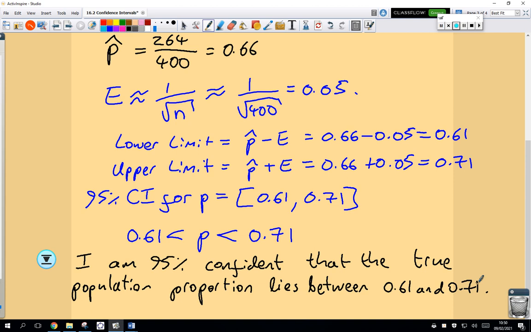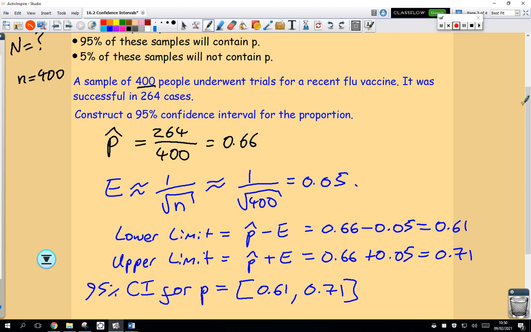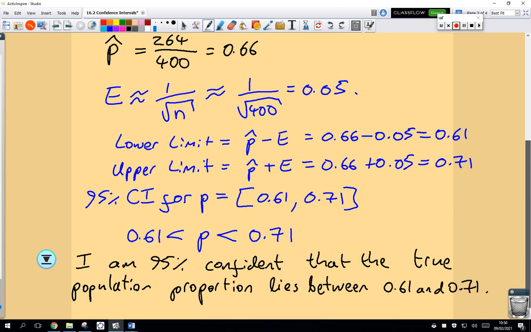Now, what does this mean? Well, in the context of this question, it means that I'm 95% confident that the true proportion of successful flu jabs will be between 61% and 71%. Okay?